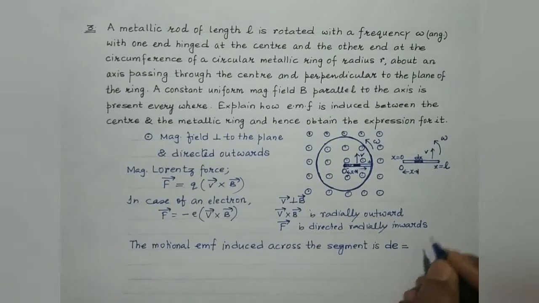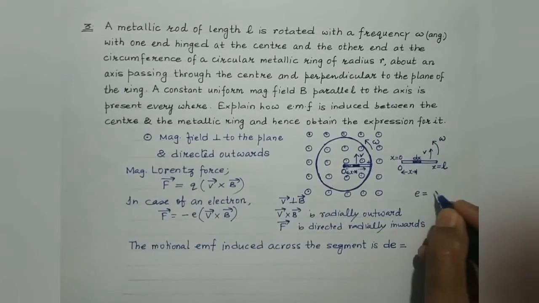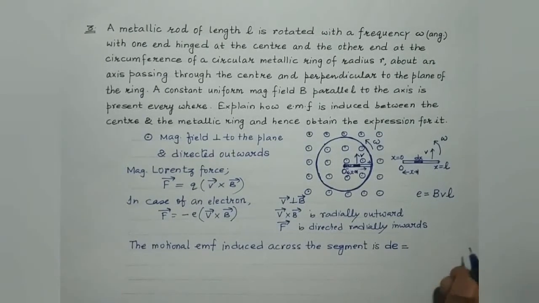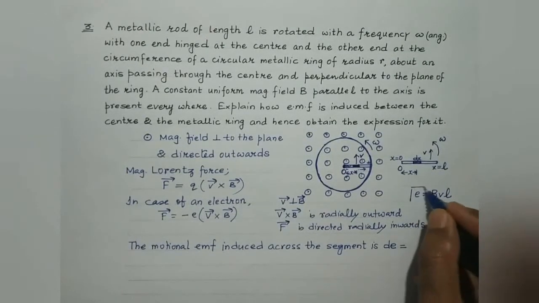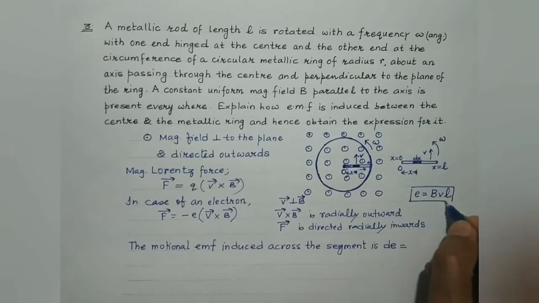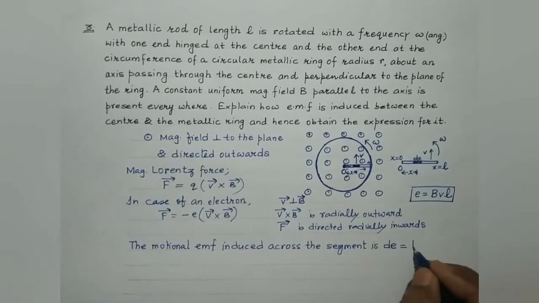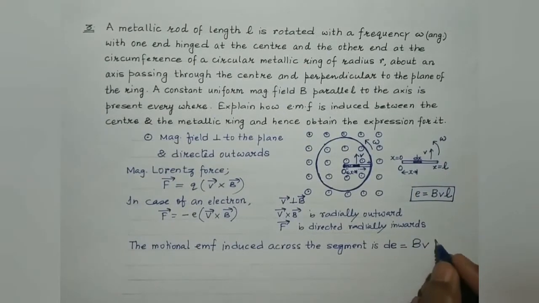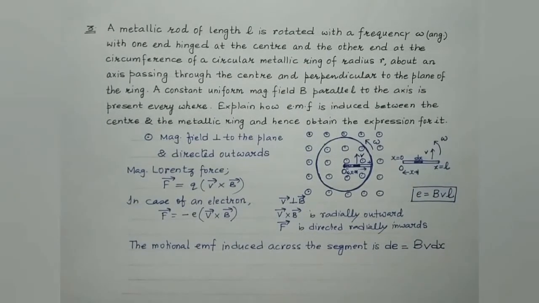The formula for the motional EMF is E equals BVL, isn't it? So here, for the small segment, the small EMF induced is given by dE equals B V dx, where dx is the length of the small segment. Clear, students?